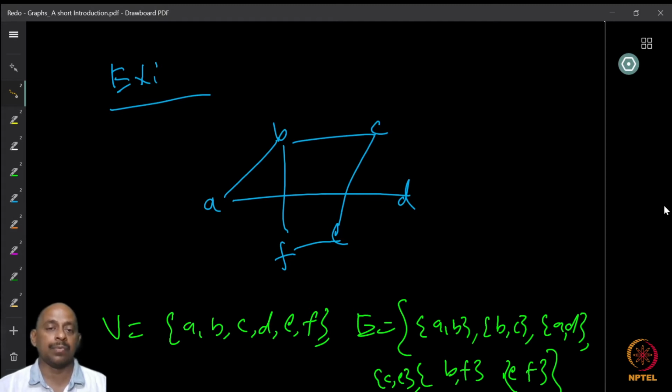Here I have the graph with the vertex set V equal to A, B, C, D, E, and F. Then we have the edge set E equal to the set {A, B}, then {B, C}, {A, D}, {C, E}, {B, F}, and {E, F}. So we have these edges.